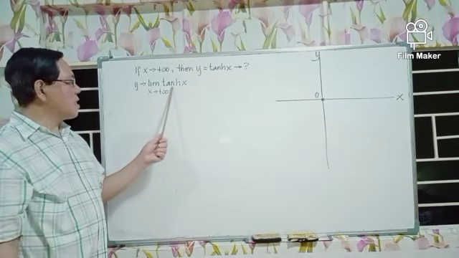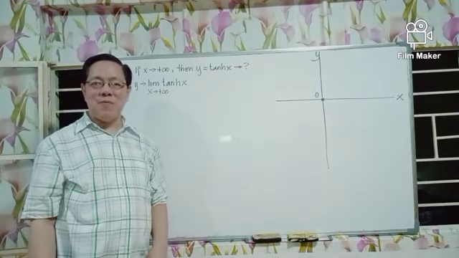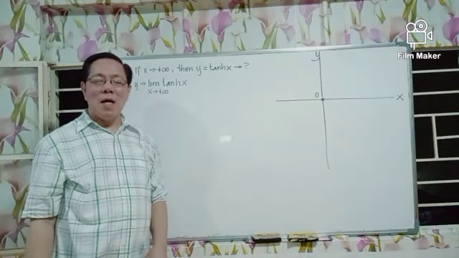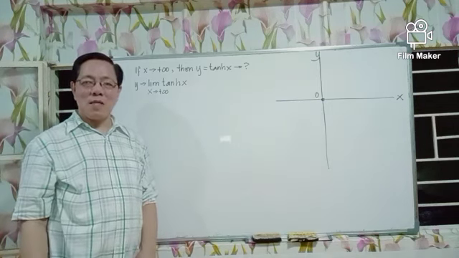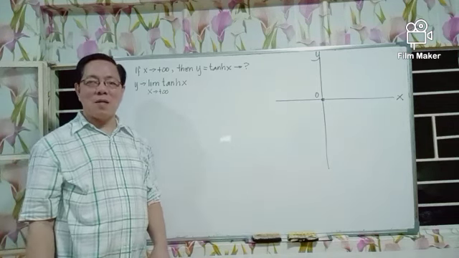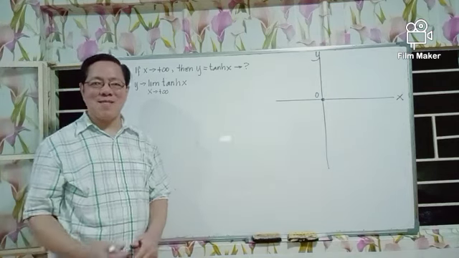But we have shown that the hyperbolic tangent of x in terms of the exponential functions e to the x and e to the minus x is equal to e to the x minus e to the minus x all over e to the x plus e to the minus x.